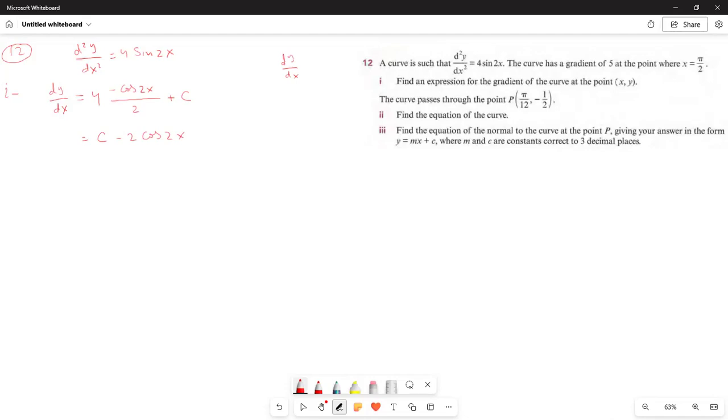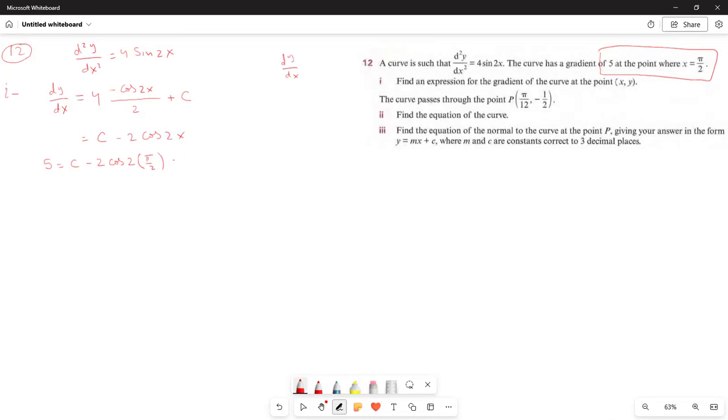Now I can find the value of this constant by this information, that the gradient is 5 when x is pi by 2. So I will use this information. The gradient is 5 when c minus 2 into cosine of 2 into x, where x is pi by 2.